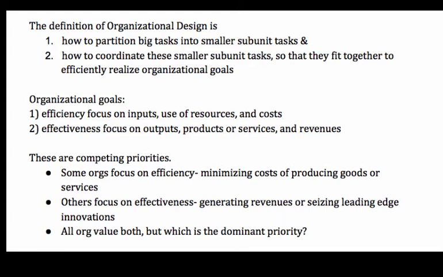The second component is talking about coordination between our smaller tasks between individual employees so that they can fit together to be efficient in order to realize the organization's goals in a way that is going to help leverage the organization in its industry. So let's look at the two different types of organizational goals.